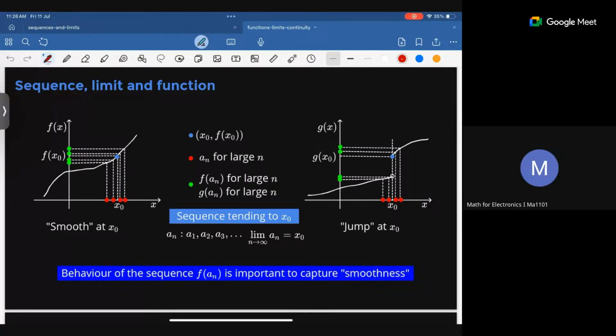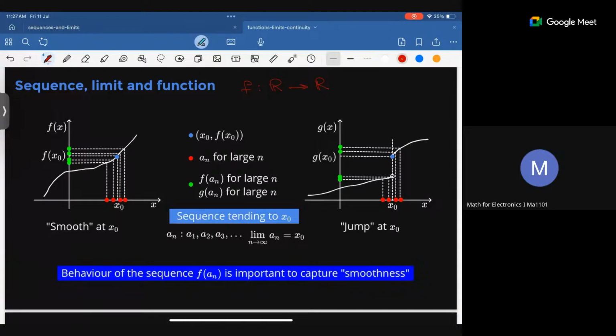A function means there exists a domain as well as a codomain. So there are two things: one is an input, one is an output. And I can plot functions on the xy plane where the x-axis is the input and the y-axis is the output.